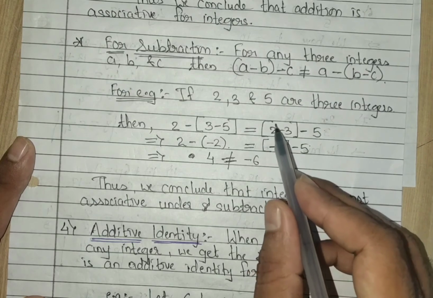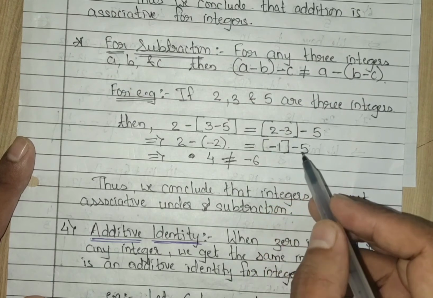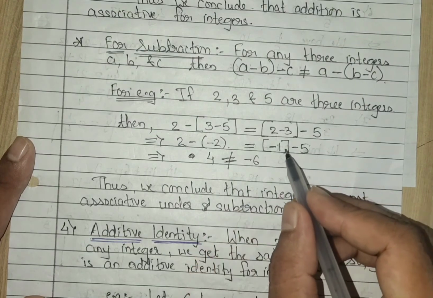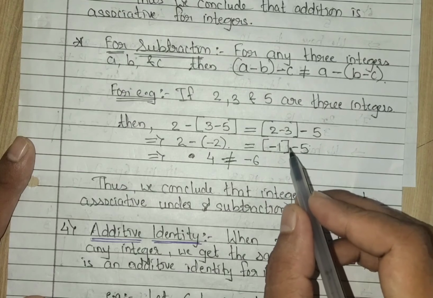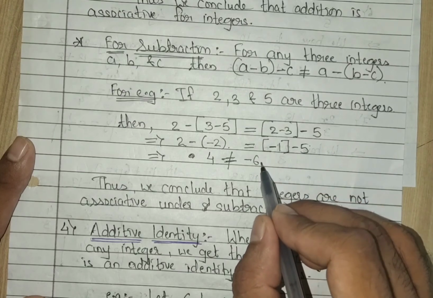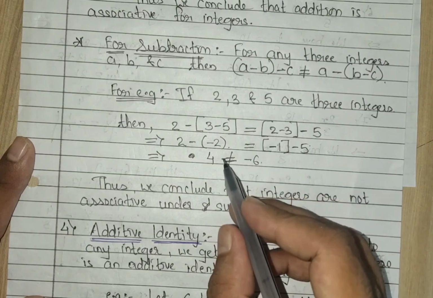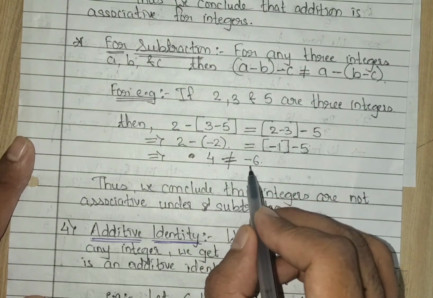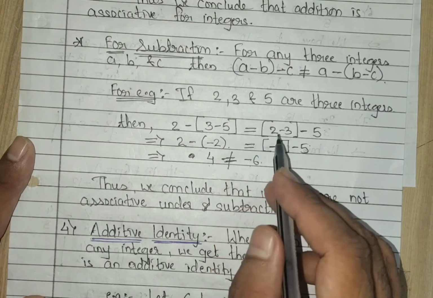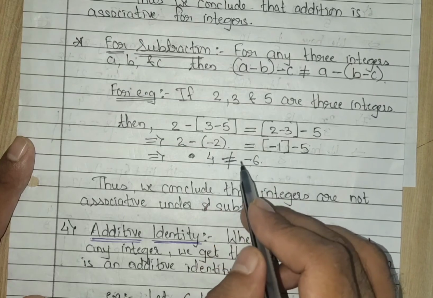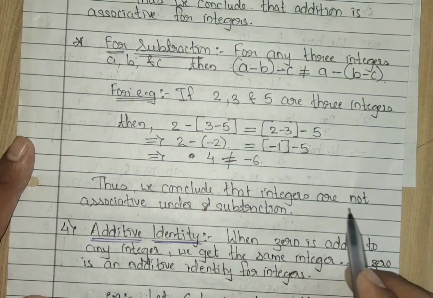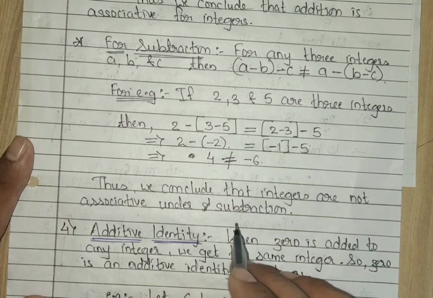The resulting answer of A minus B, I am subtracting from C. So the resulting answer of the group minus C, I got minus 6. And again you can see 4 is not equal to minus 6. That is, if we group the numbers in subtraction, we will not get the same result. Thus we can conclude that integers are not associative under subtraction.